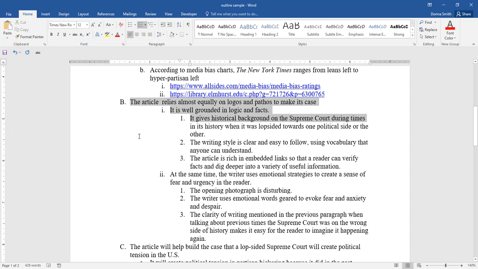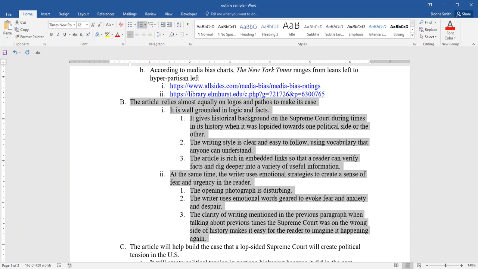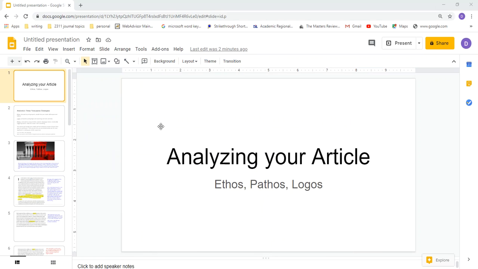And so here's the outline I wrote, but in order to get here, I had to go through and analyze my article. And so that's what I want to walk you through, is how I analyzed the article to decide that it was an article based on logic and emotion. Okay, so here we go.